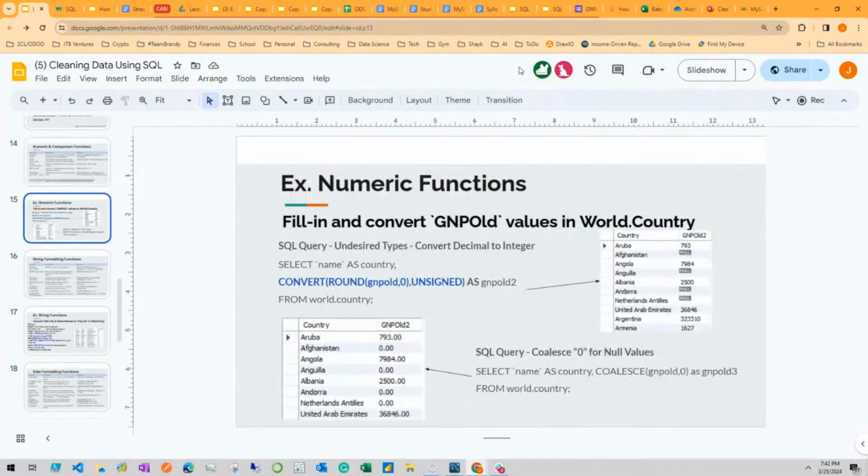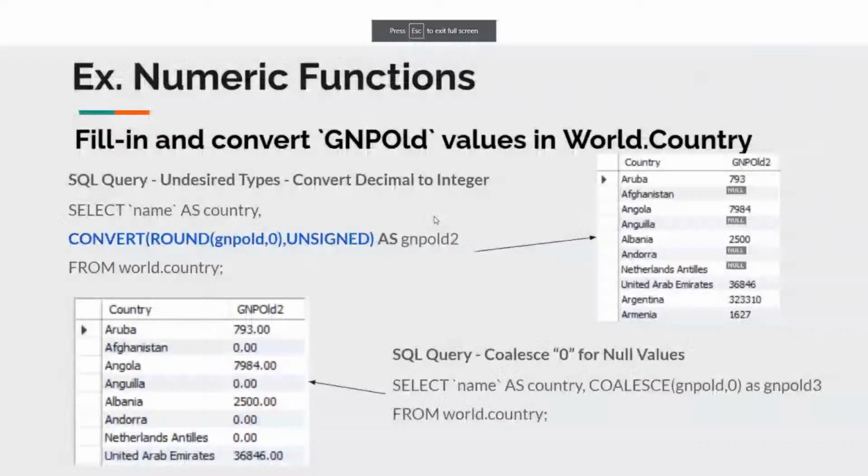All right, let's keep moving forward. Numeric functions: filling in and converting GNP old values in world.country.